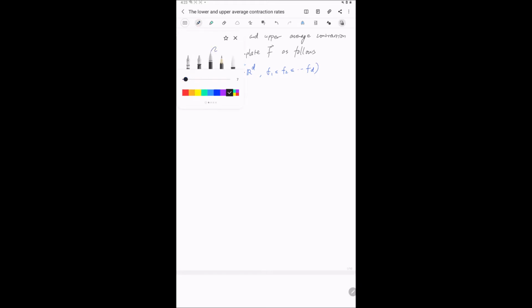Now, let I be an open interval on which F is linear.